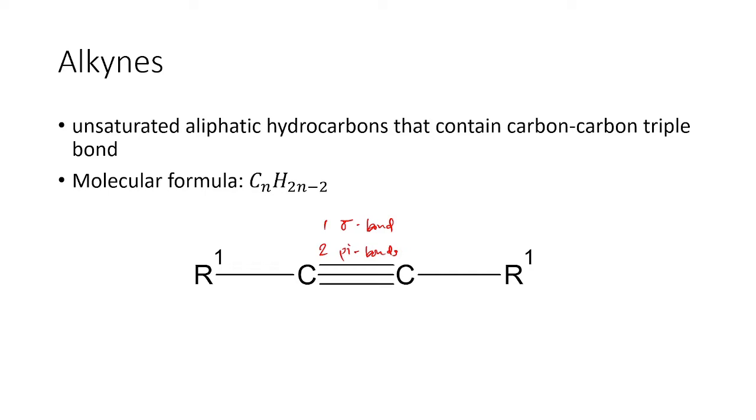So for this discussion, we will be tackling the structure and nomenclature of alkynes. Then we will move to the physical properties of alkynes, and we will also talk about some of the reactions involving alkynes, which will revolve around those pi bonds, with our carbon here being sp3 hybridized.